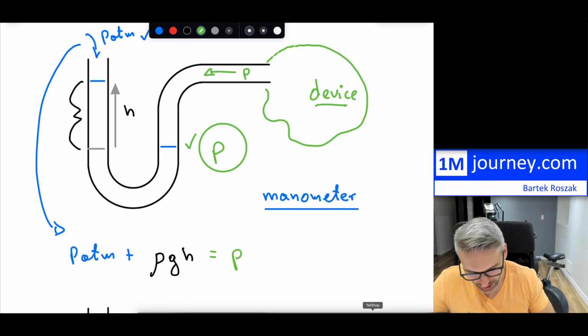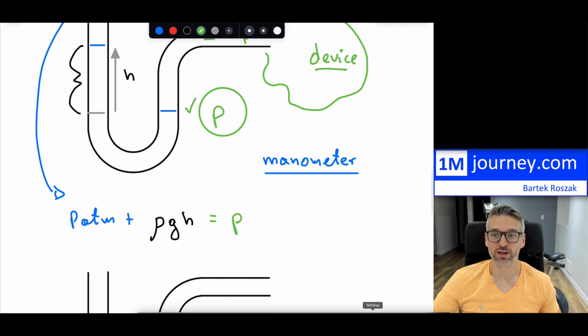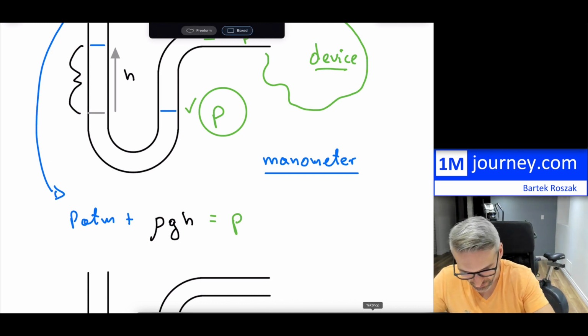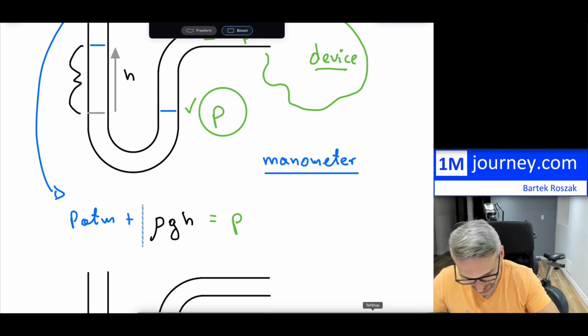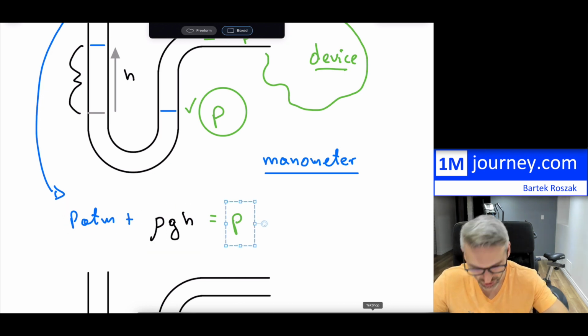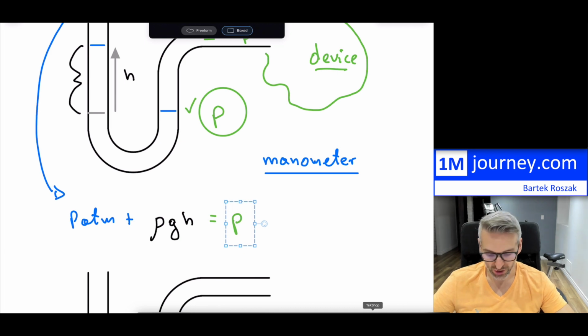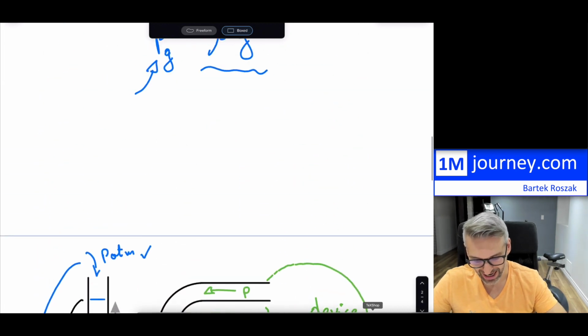But now, if you look at this equation, P atmospheric plus this right here is equal to the pressure on the right-hand side. This looks like our equation for the absolute pressure.